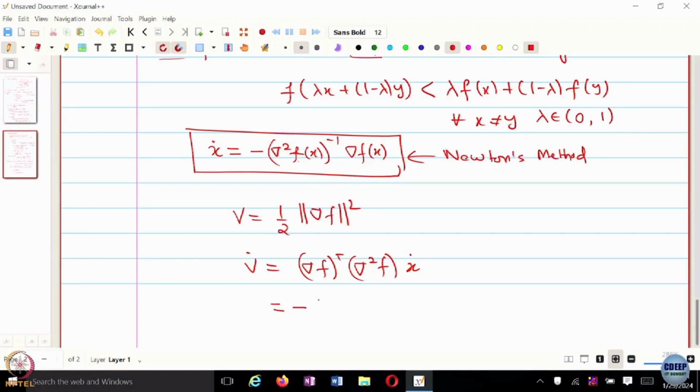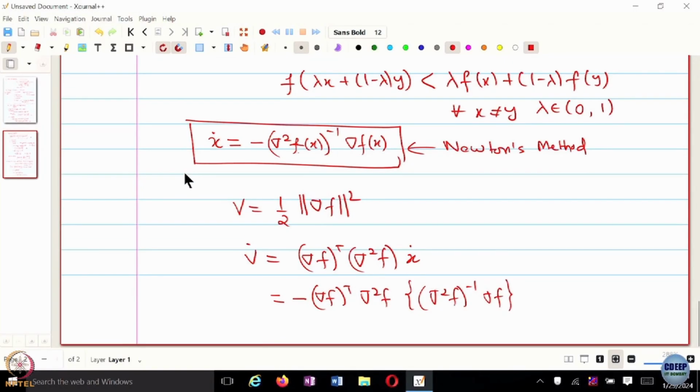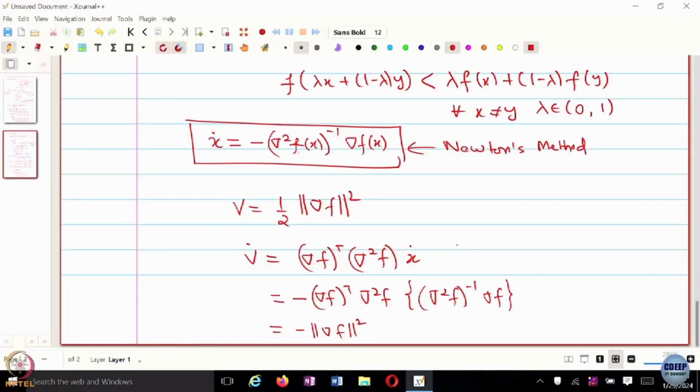So V dot turns out to be minus the norm of gradient f squared. Is this clear? That's why we use the Hessian inverse here, because otherwise there is no easy way for us to get rid of this Hessian term that shows up.